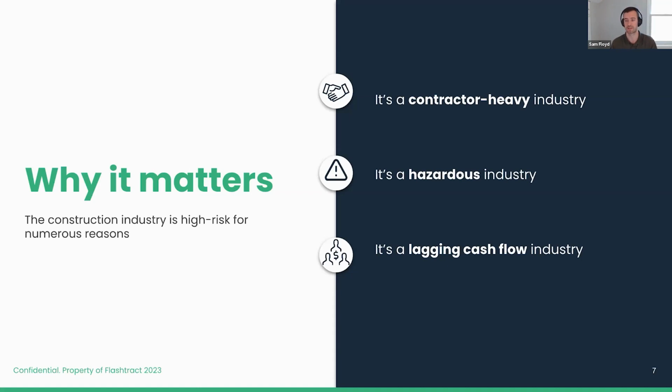And then lastly, it's a lagging cash flow industry. As we all know, payments throughout the construction space take a long time. And a lot of the subcontractors that the GCs we work with use aren't necessarily building a company for the long term. They're prioritizing the immediate short-term needs of the business.